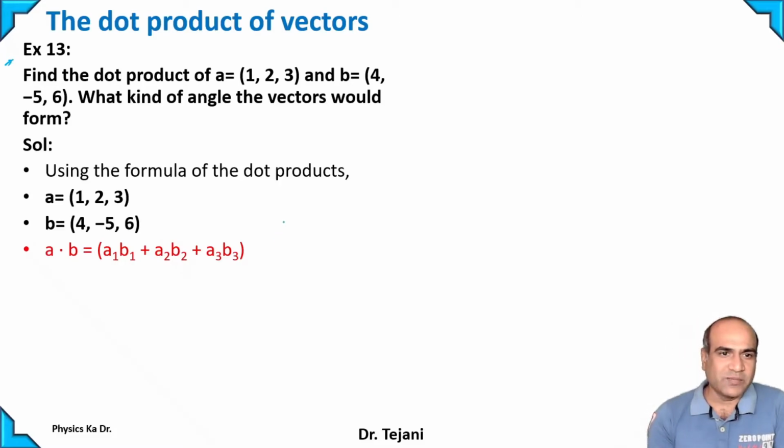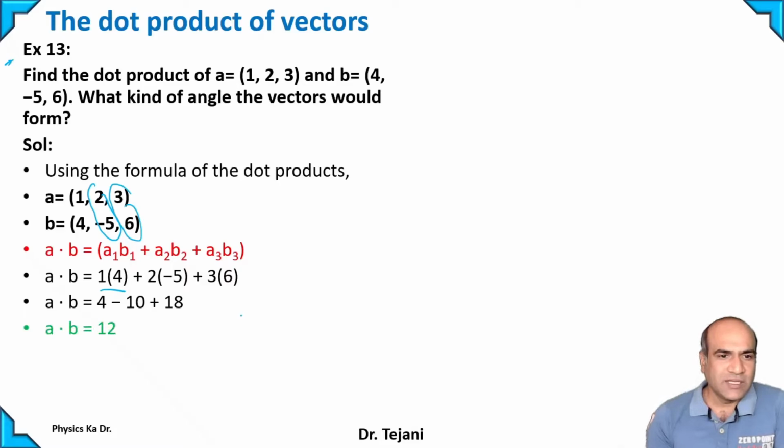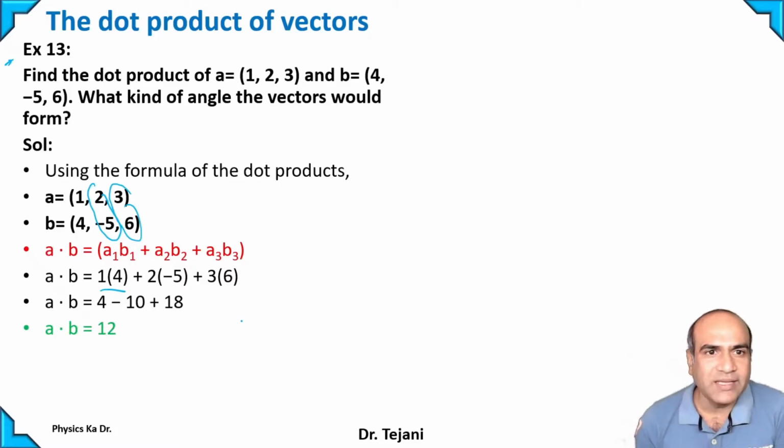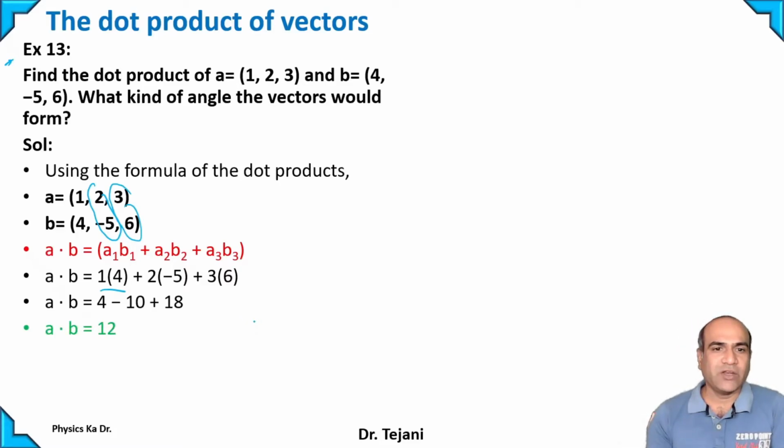A1 is 1, B1 is 4, so multiply these; another is 2 multiplied by minus 5; and this one is 3 multiplied by 6. So we get the solution: A dot B is equal to 12.